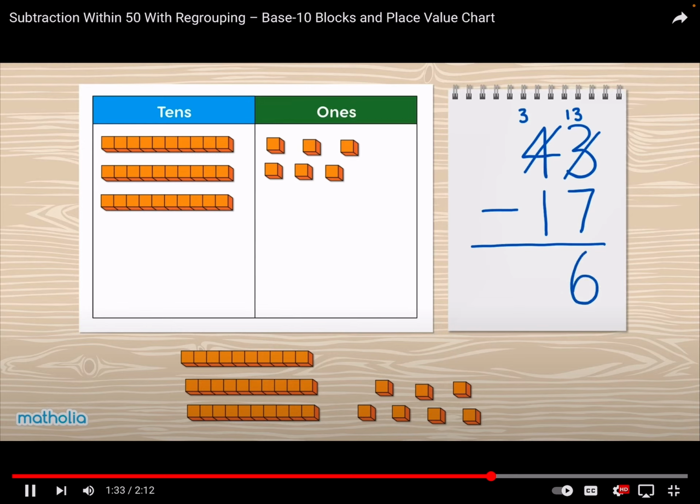Now we subtract the tens. There are 2 tens remaining. Write 2 in the tens column. We're all done! So 43 subtract 17 equals 26. In the next video, we'll use bar models to help us subtract.